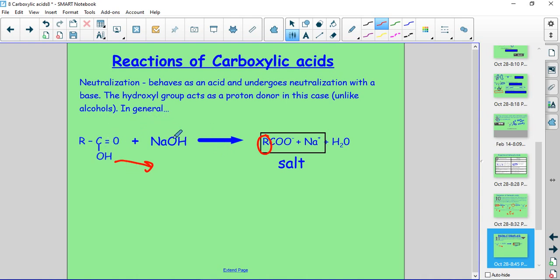An acid and a base will produce water and a salt. With a typical strong base, sodium hydroxide, that will produce a sodium salt of that carboxylic acid. So this is what will form, and we'll look at this reaction in a bit more detail when we do esters in our next lesson. But this is how that neutralization reaction looks.